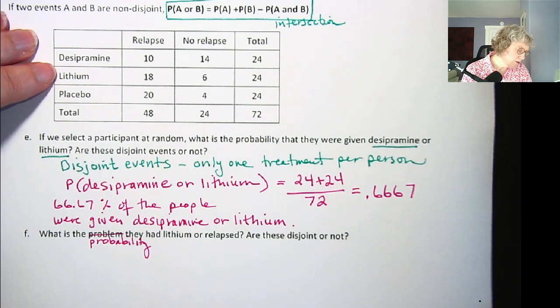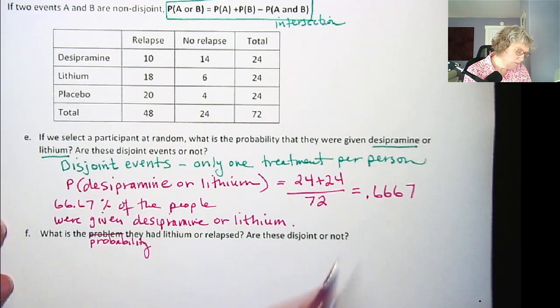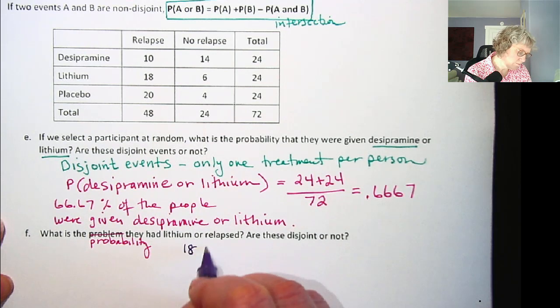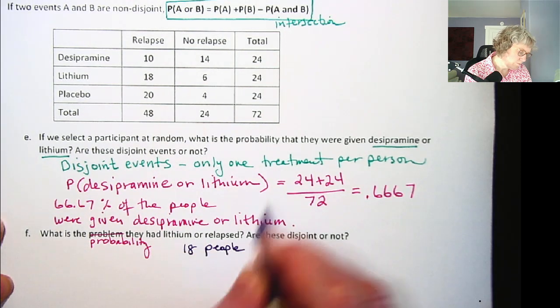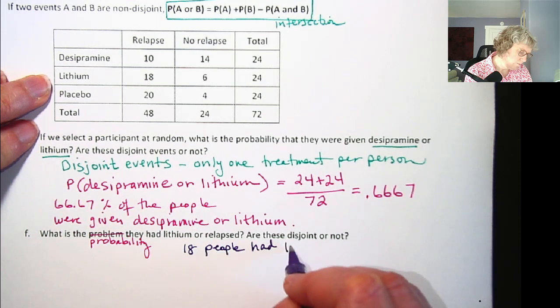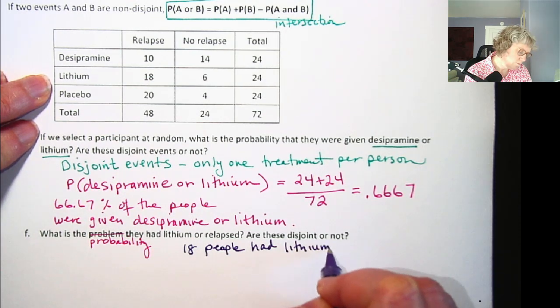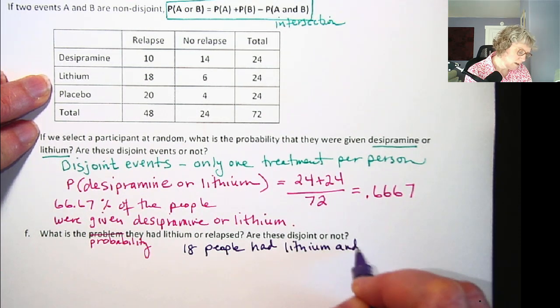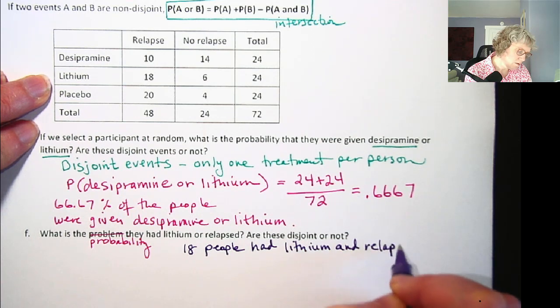Okay, so I'm going to write that 18 people had lithium and relapsed.